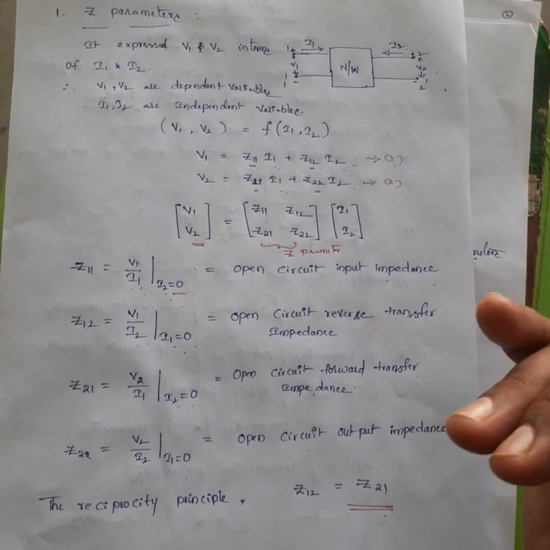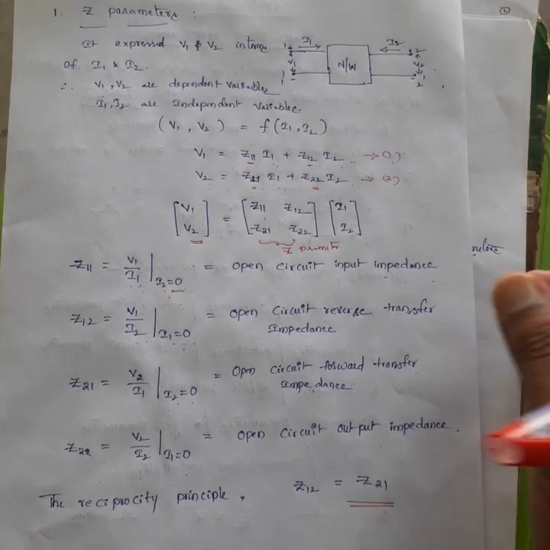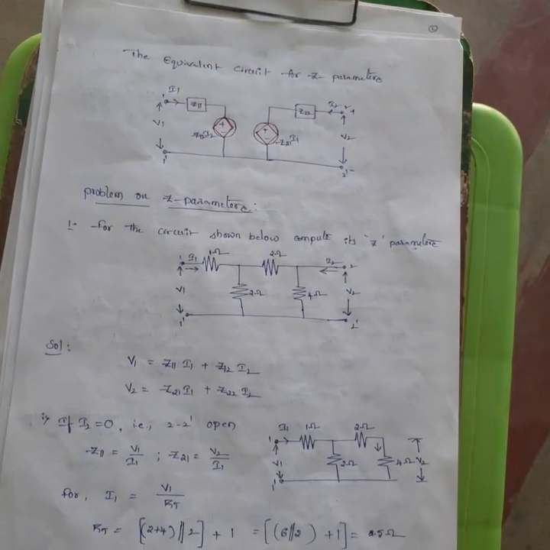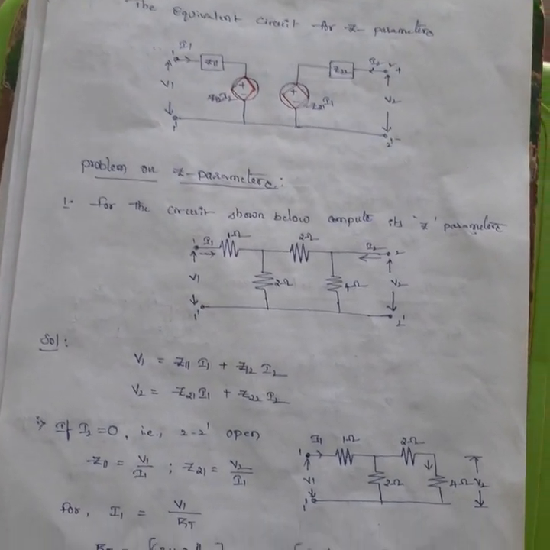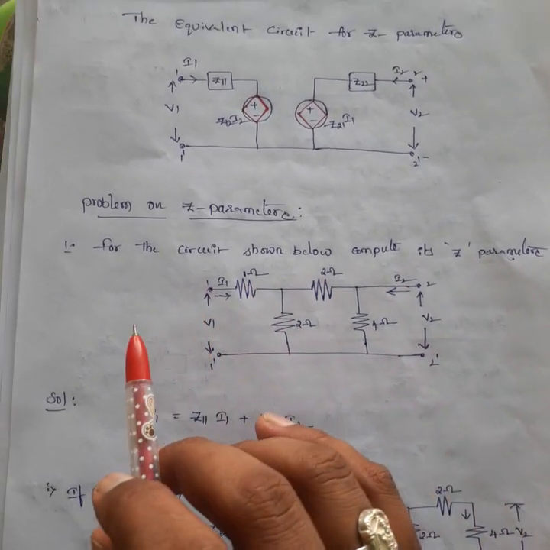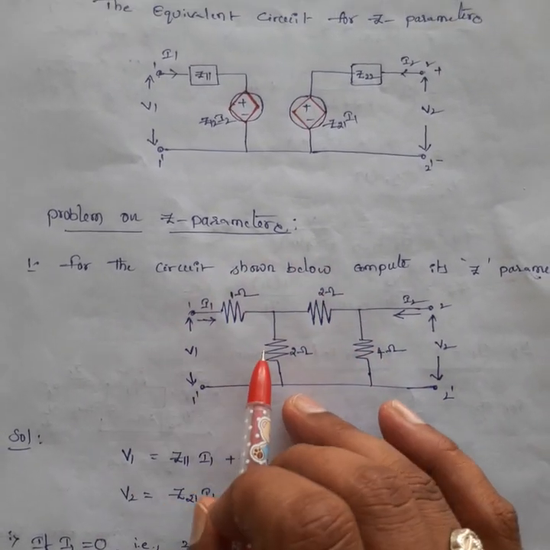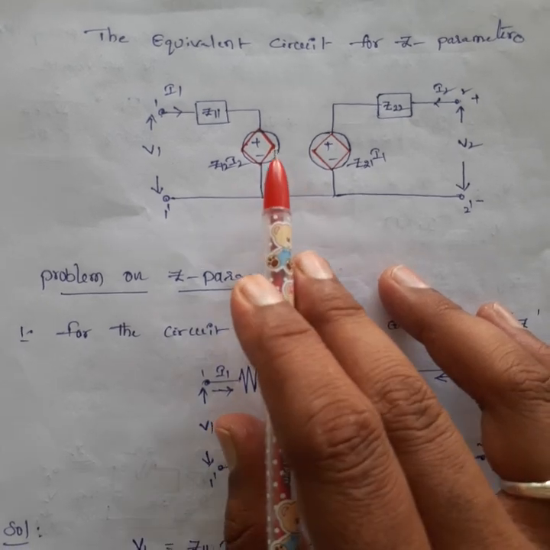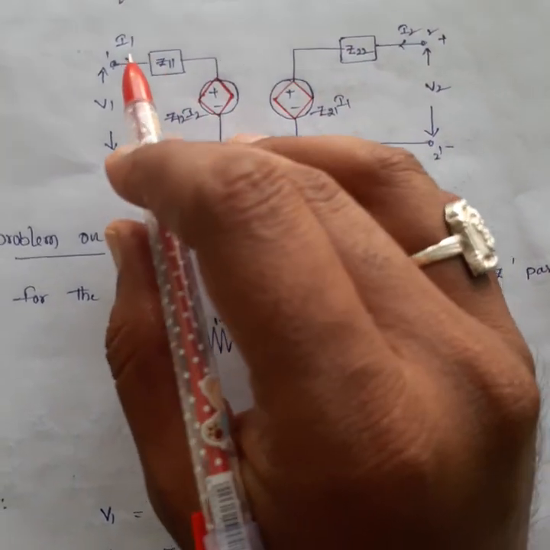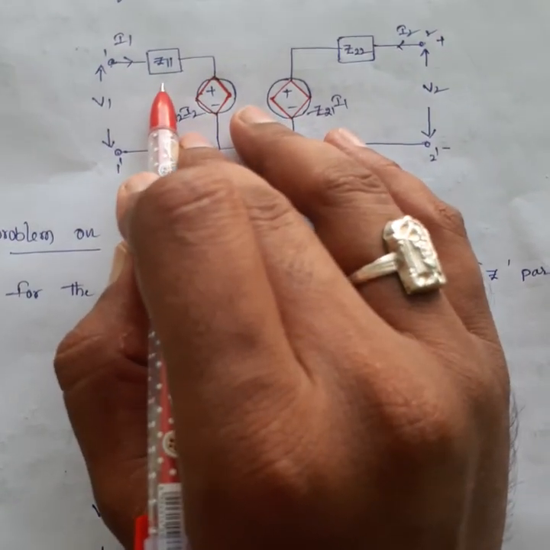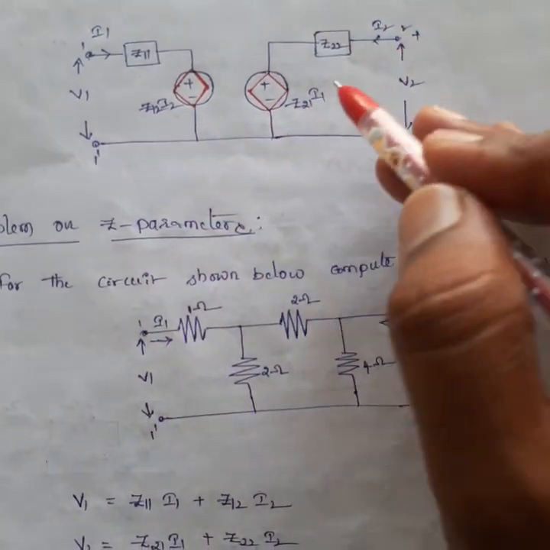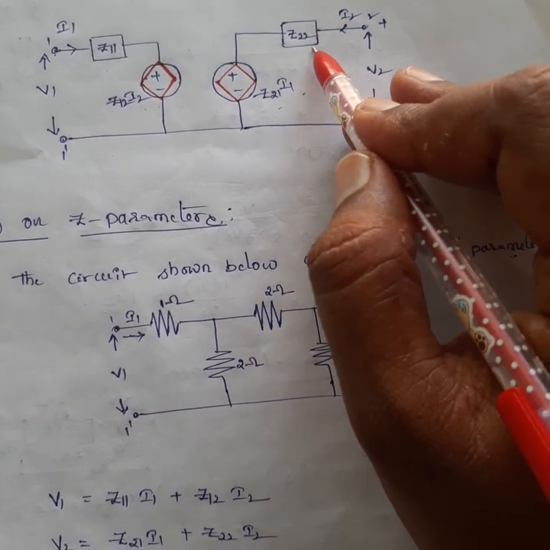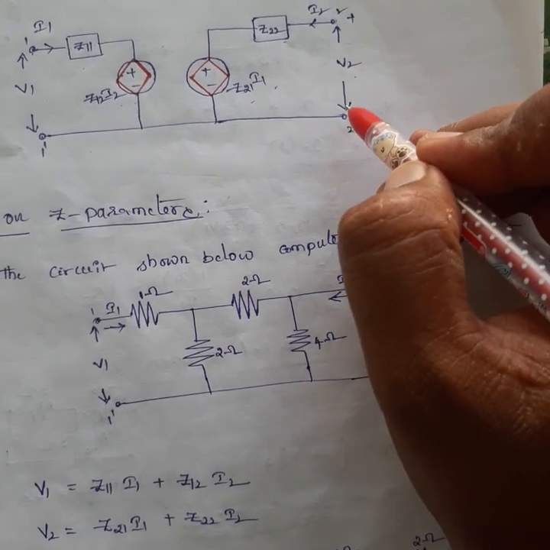I can explain these Z parameters by using one exercise. Before I explain the problem, I am drawing the equivalent circuit. Here we have the parameters Z11, Z12 into I2, Z21 into I1, Z22, and V2.